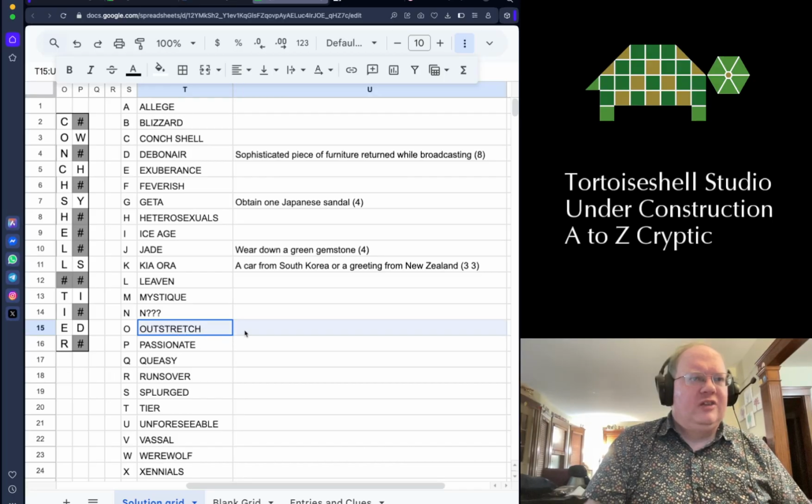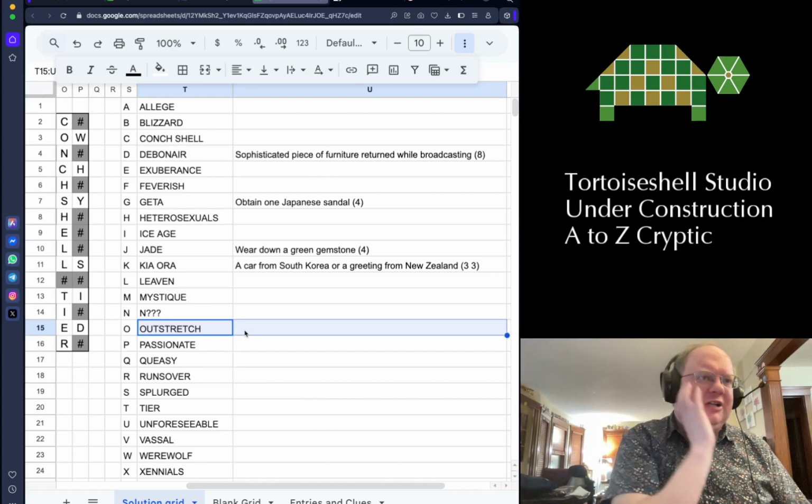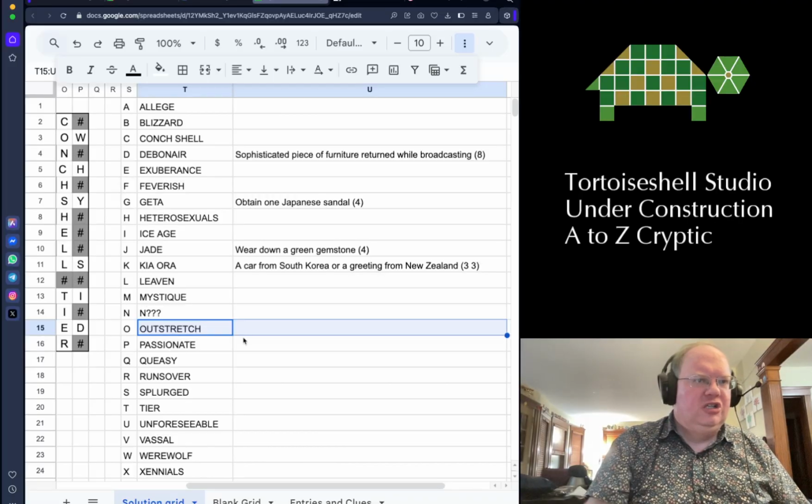This is one of those things where I could think of possibilities for the wordplay, but connecting it to the definition to expand. I don't want. I could potentially say spread, but not spread out because of the dupe with the word.